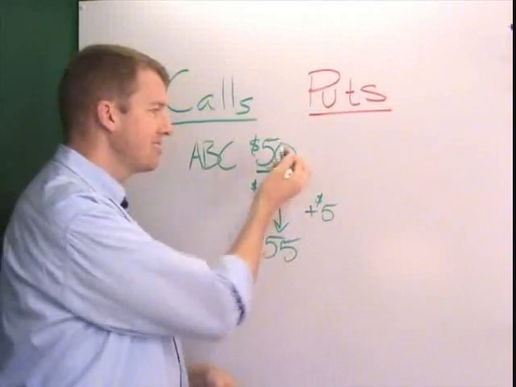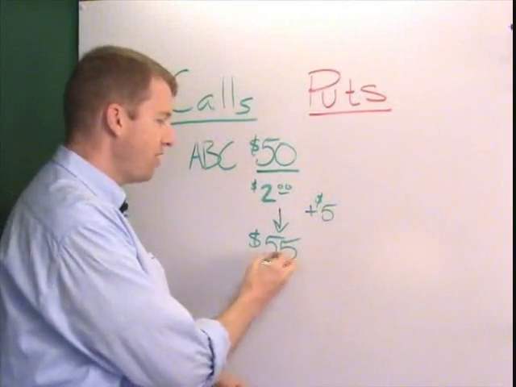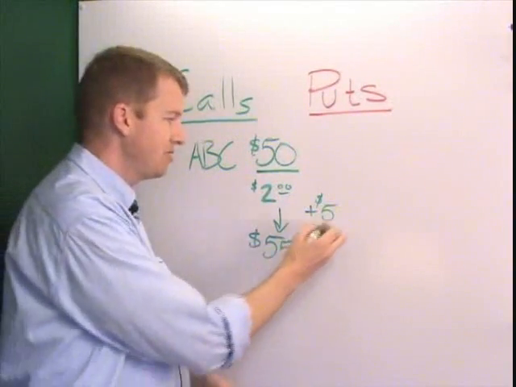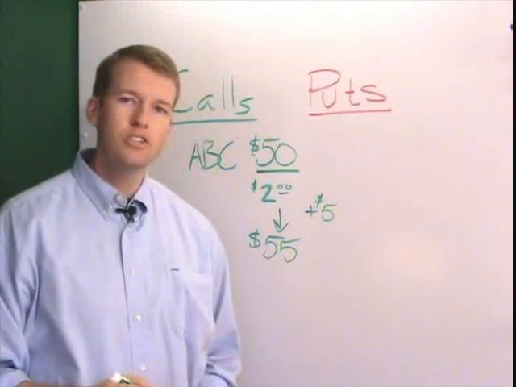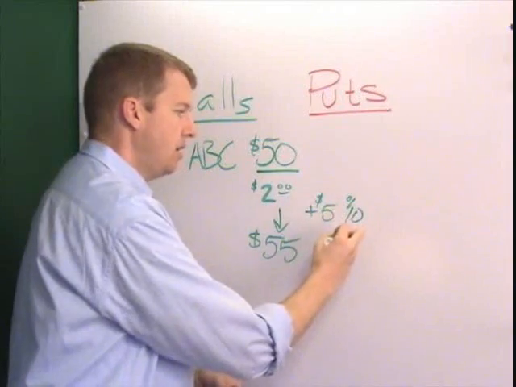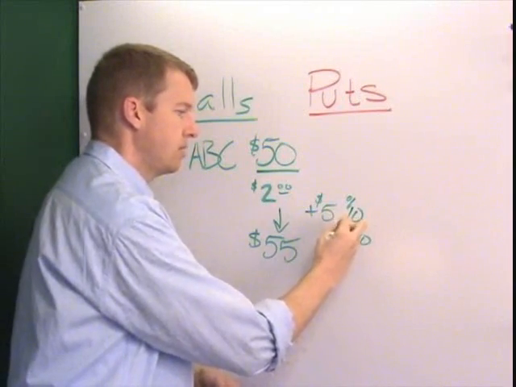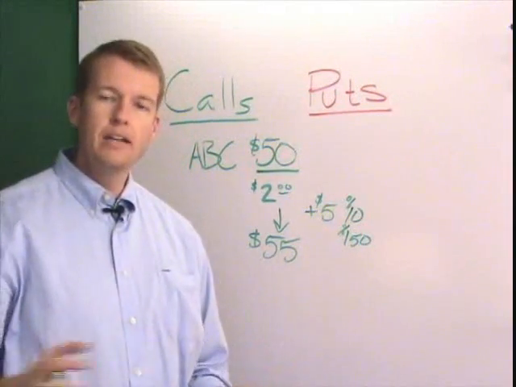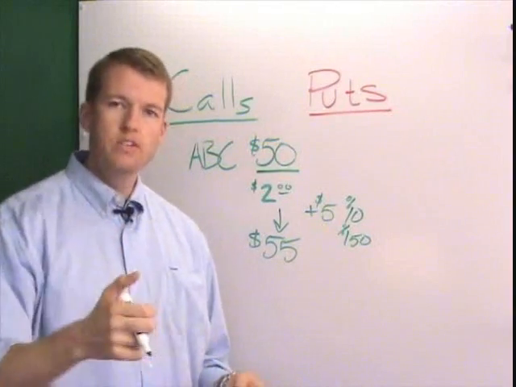Well, you have the ability to exercise it for $50. So you've accumulated that same profit, those $5, and it cost you $2 to do it. So instead of making 10%, you've made 150%.